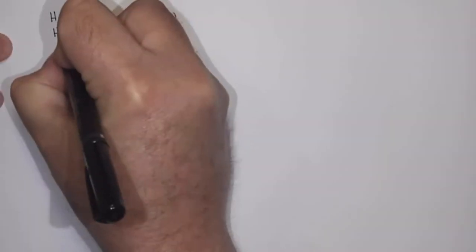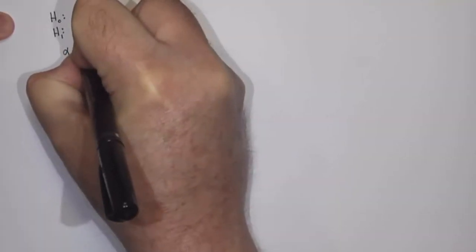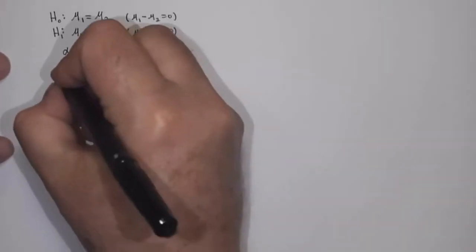Now we need to choose a level of significance, and we were told in our problem to use alpha equals 0.05. So we're using a 0.05 level of significance. So the next thing we have to do is we need to calculate our test statistic. Whether we're doing a classical approach or the p-value approach, we need to calculate the test statistic.